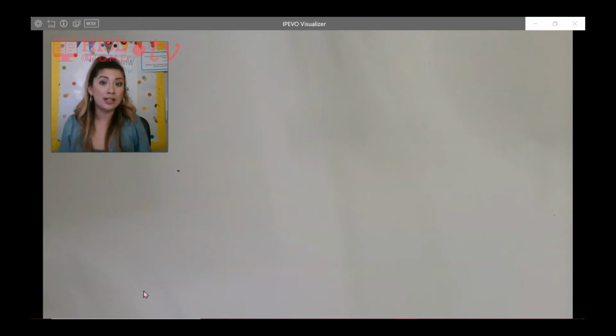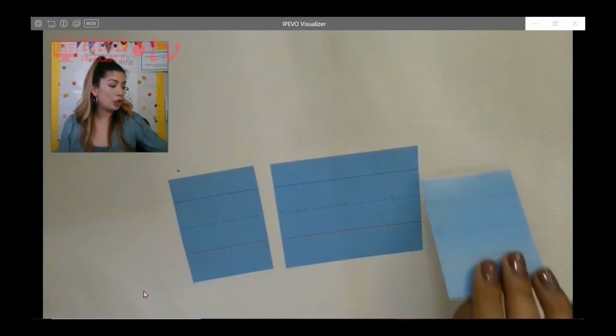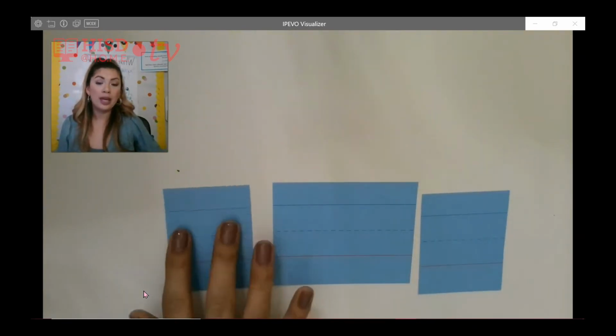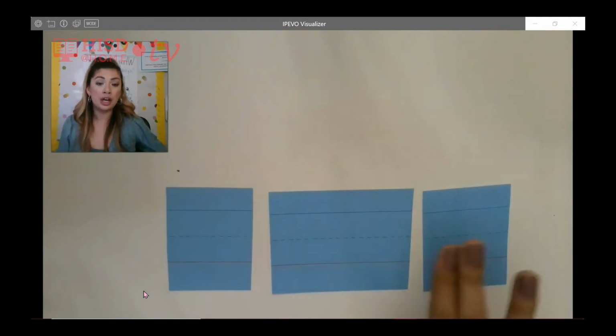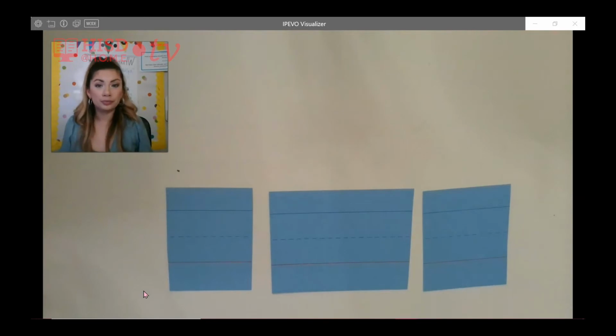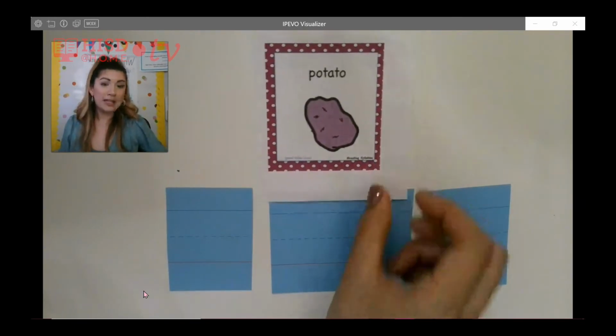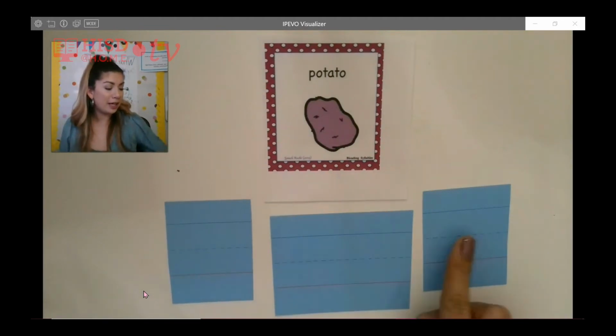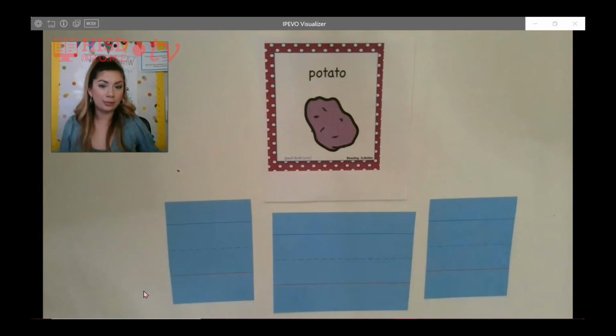Let's take a look at the chunks of paper, the chunks of words. How many syllables, how many chunks do we have in the word potato? Potato has 3 syllables, 3 chunks.